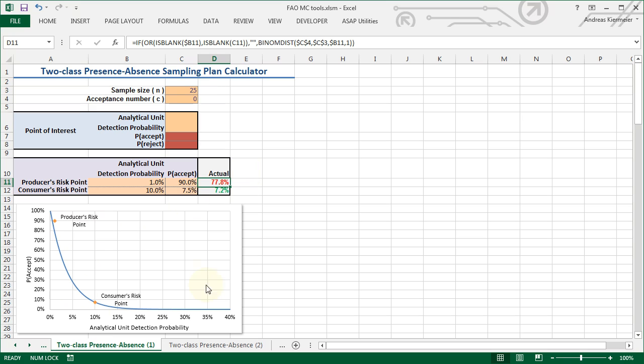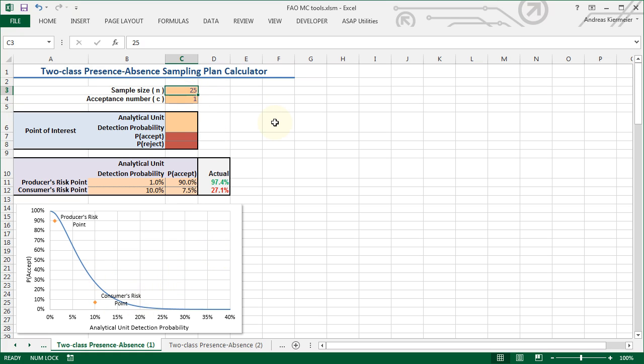To change the OC curve, what we need to do is increase the acceptance number by 1, because that will shift the OC curve to the right, and we now see that the producer's risk point is met, but unfortunately the consumer's risk point is no longer met.